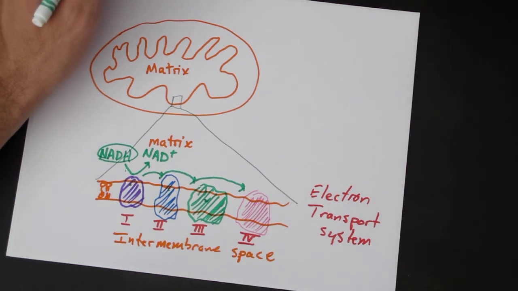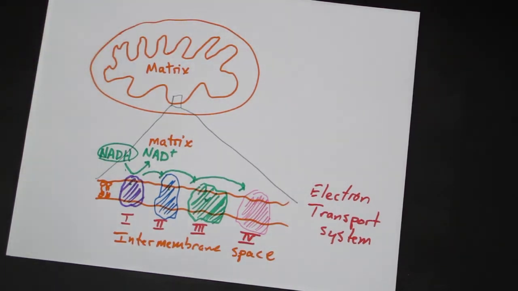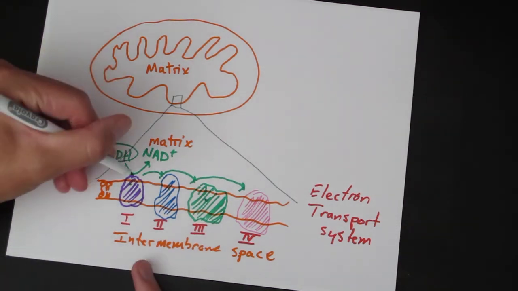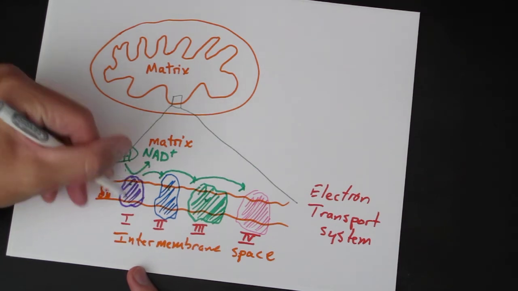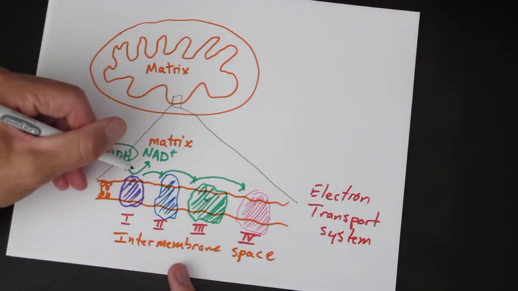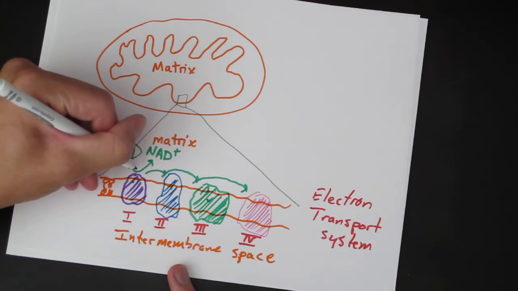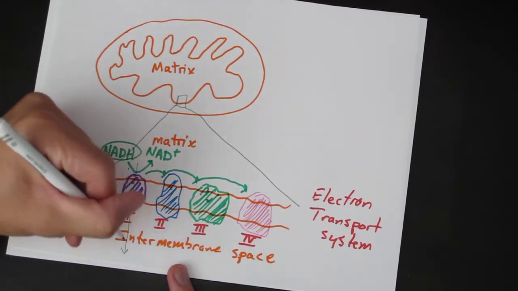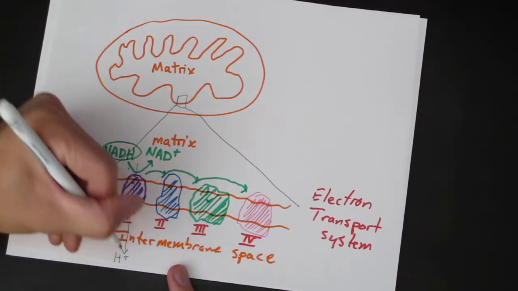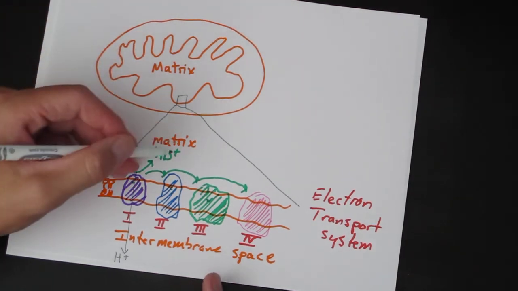What that does is it provides energy. That redox reaction provides energy for us to pump a proton across the inner membrane of the mitochondria. So every time we see a redox reaction in one of these enzymes, we take a proton and we pump it across the inner membrane of the mitochondria.